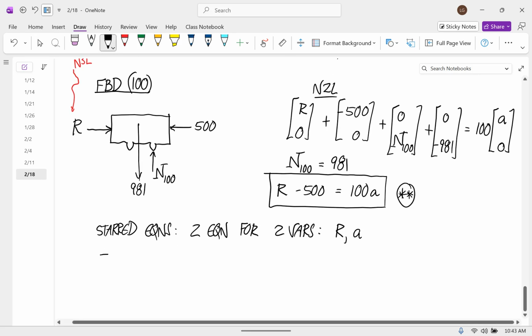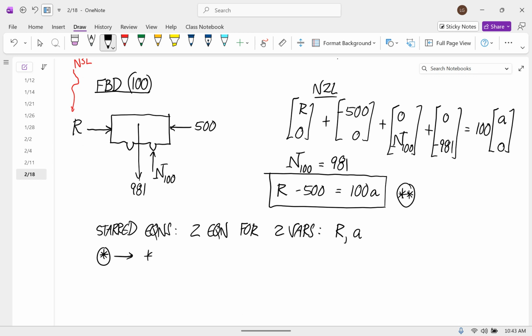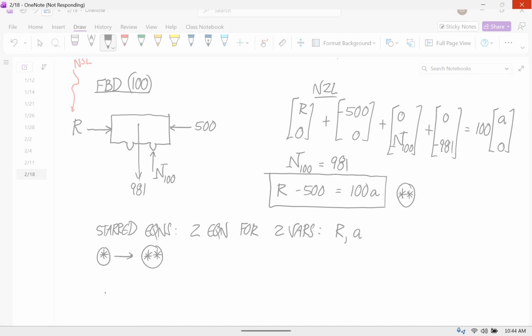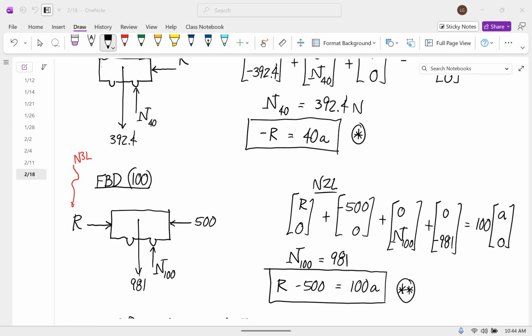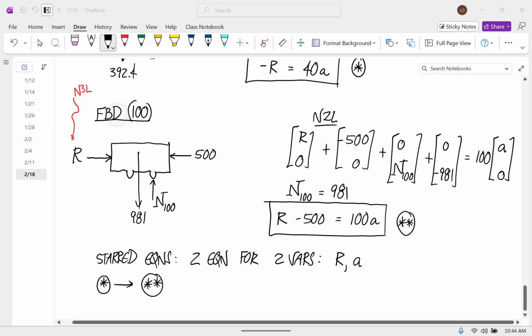Okay, so I'm going to take what we know from the 1 star equation and put it into the 2 star equation. From the 1 star equation, you can see that R is equal to negative 40A if you multiply both sides by negative 1.